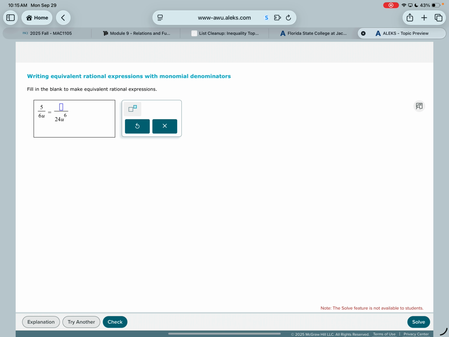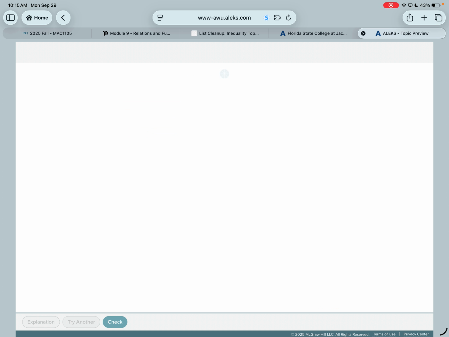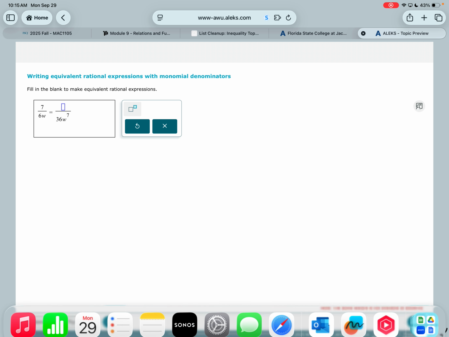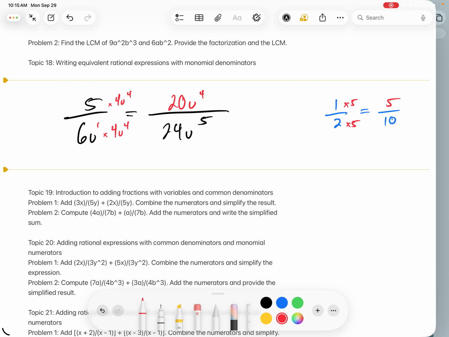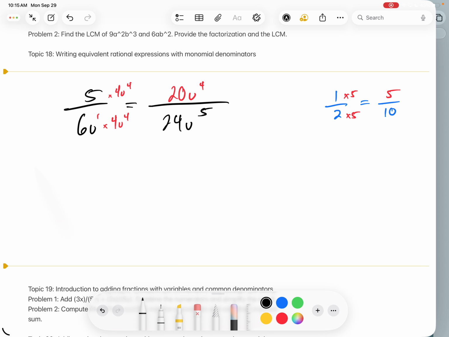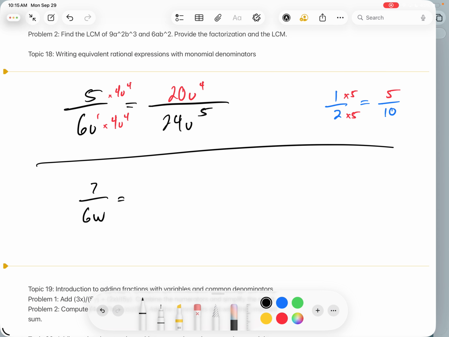I think I'm going to do that one more time. That's like the same numbers. 7, 6w. 36w. Okay. So how do I go from 6w to 36w?